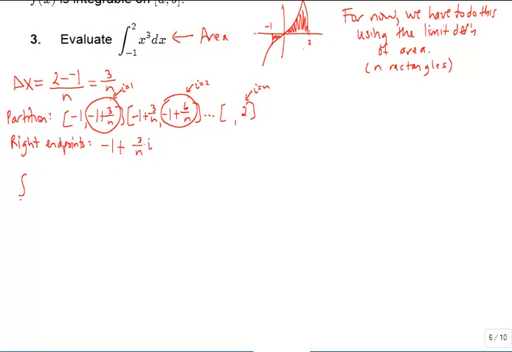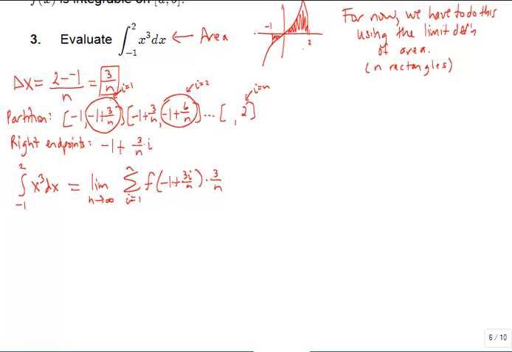So this integral from -1 to 2 is defined to be the limit as n goes to infinity of the sum from 1 to n of f of these right endpoints times the width of our rectangles, and our widths are always this 3 over n.